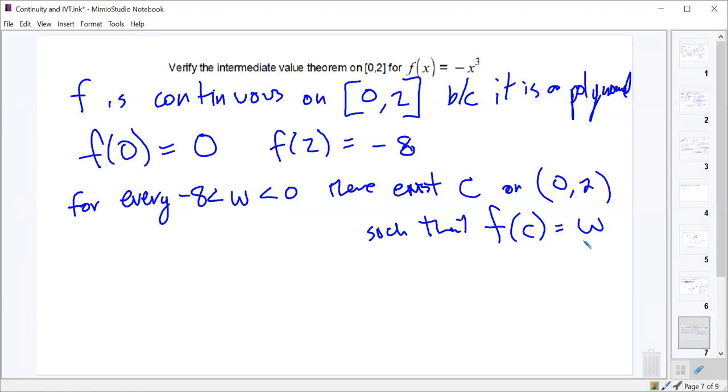So w equals f of c. What is f of c? The y value? It is the y value, but more specifically, here's our function. Here's f of x. What's f of c? -c³. Right. So what does w equal?